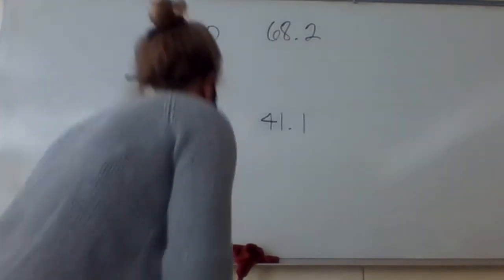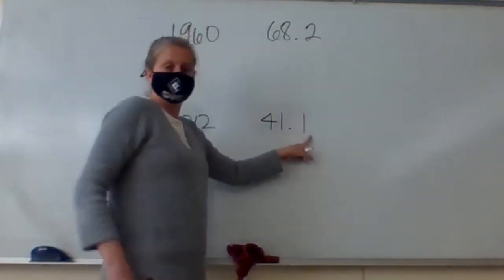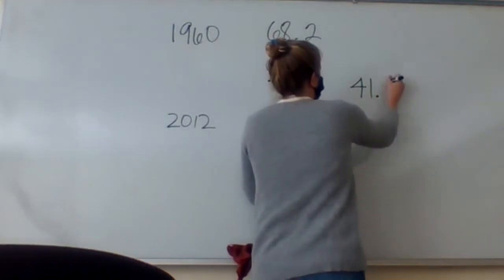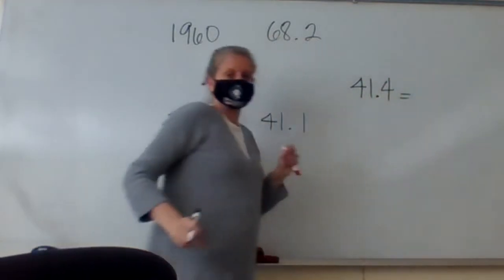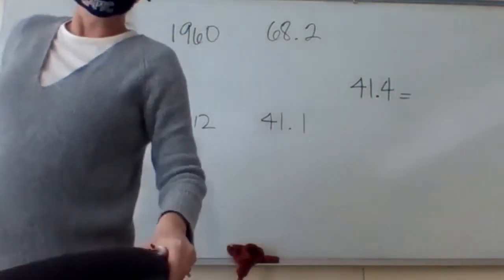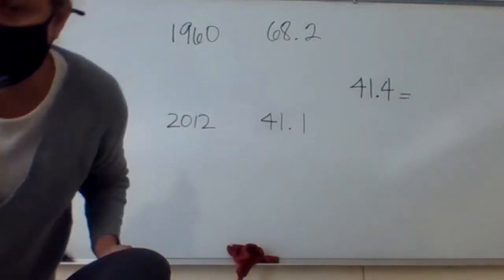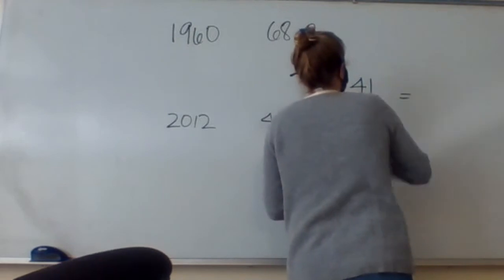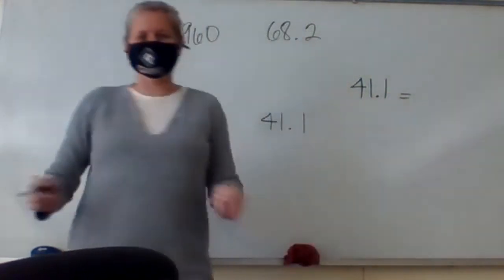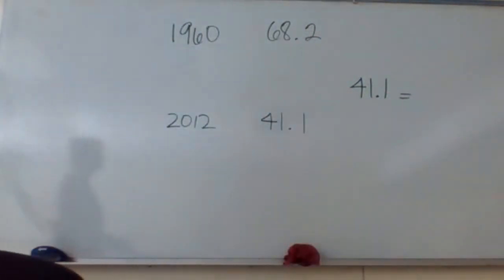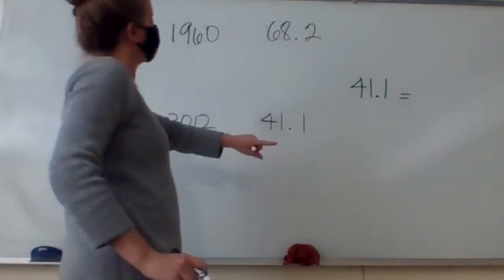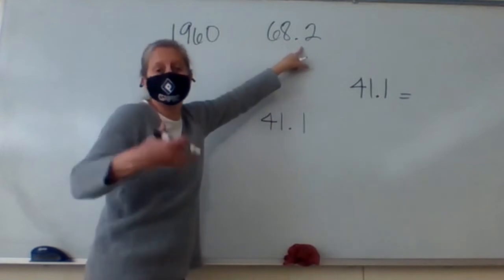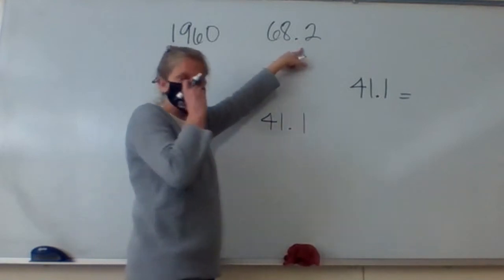So what's the ending percent? 41.4. Is equal 41.1. Did I do it wrong? Oh, thank you. 41.1. I was like, hold up, ma'am. I don't want to mess up at this point. Okay, on the right side of the equal is the beginning number, the initial number. So 68.2.